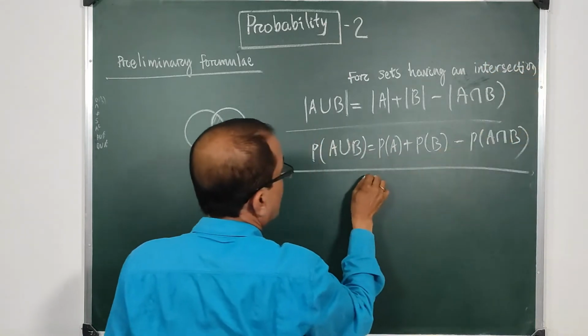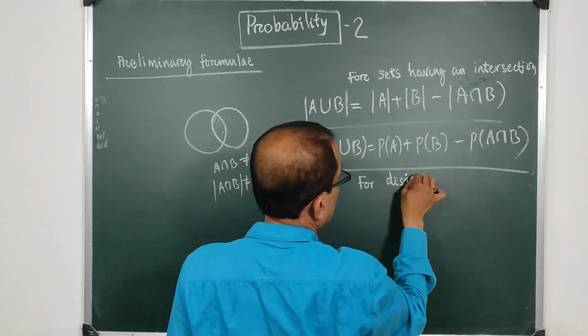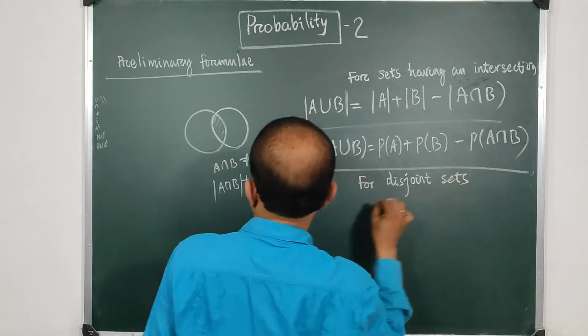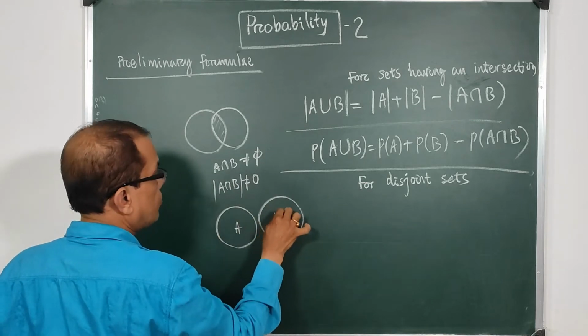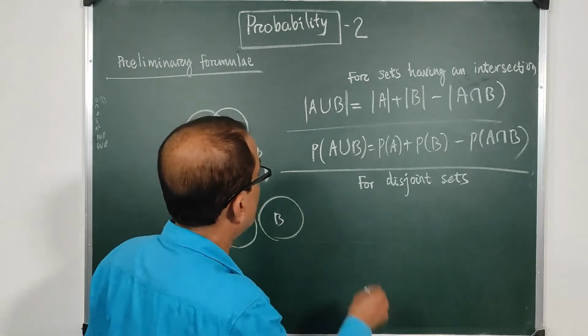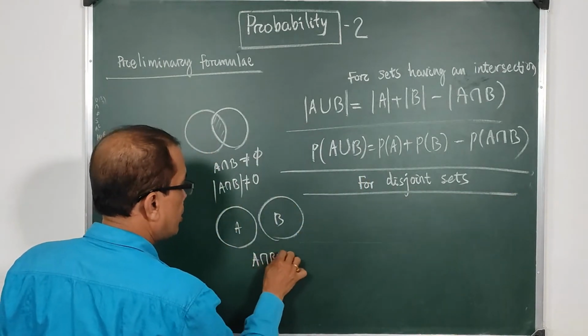but for disjoint sets, these sets have not joined each other. We can have a picture like this. When there are two sets A and B which have nothing in common, they have no point in common. Clearly, in this case, A intersection B is phi.